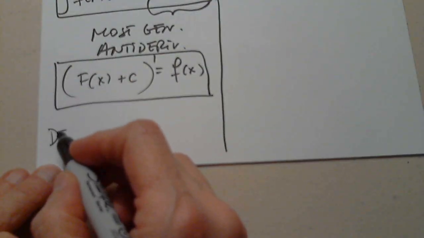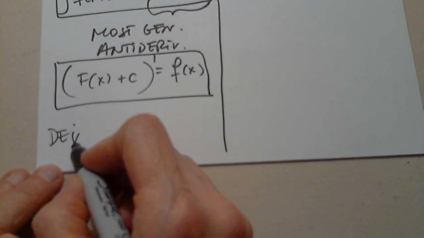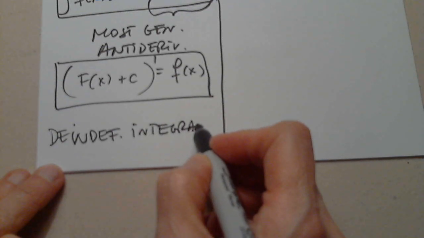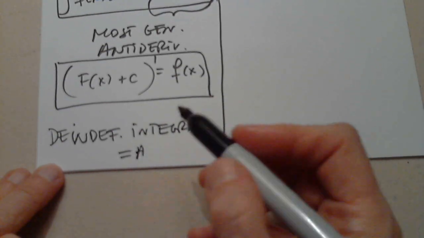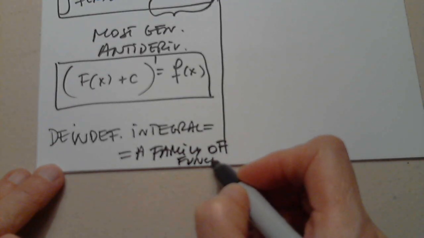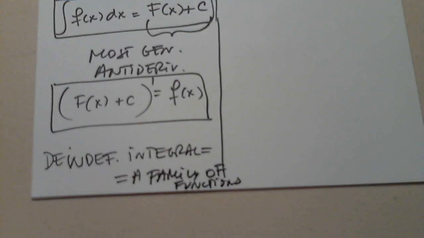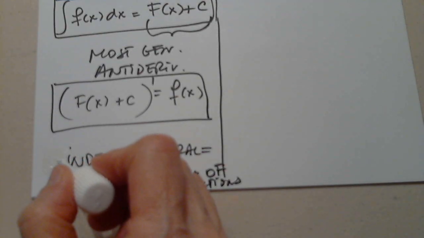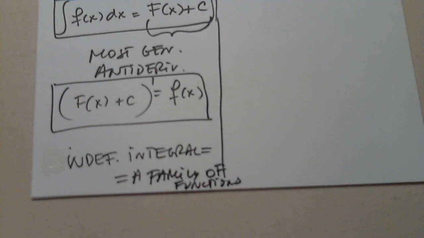The indefinite integral equals a function or a family of functions, or the most general antiderivative. So the indefinite integral will always give us a family of functions or the most general antiderivative. This is what we looked at so far.